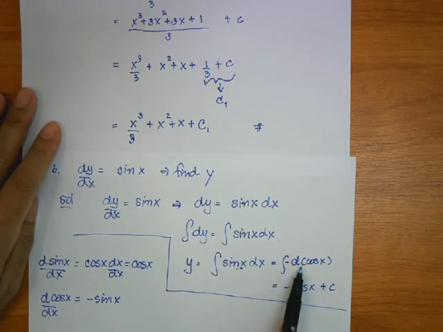Minus d cos x is equal to plus sine x dx. So when you do the integral, you would get minus cos x plus c, right? Because integral du is equal to u. Integral dx equal to x. So integral d cos x equal to cos x.